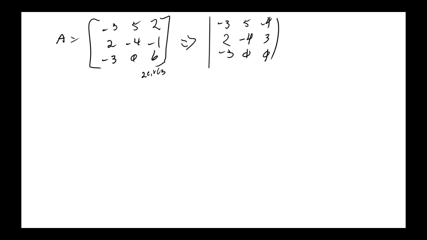Yeah, okay. Now we can find the determinant by using the third row. And that, by the way, did not change the determinant.